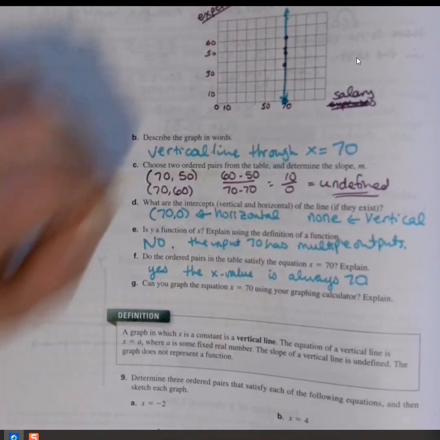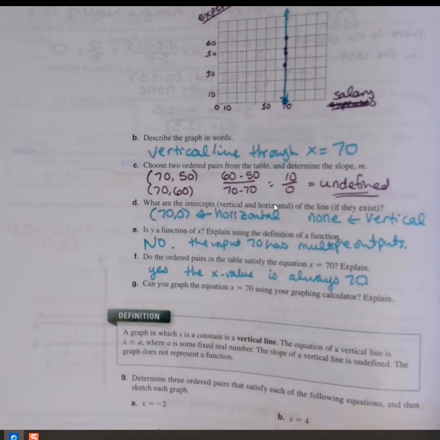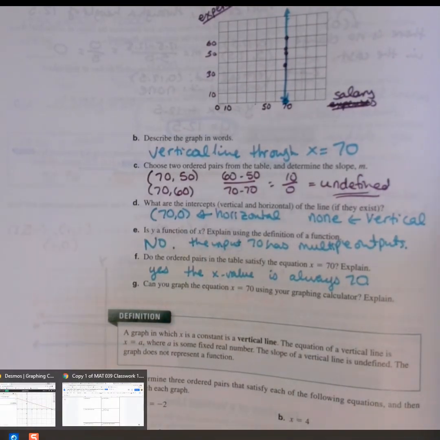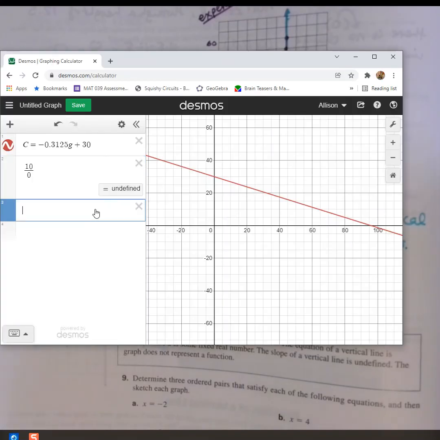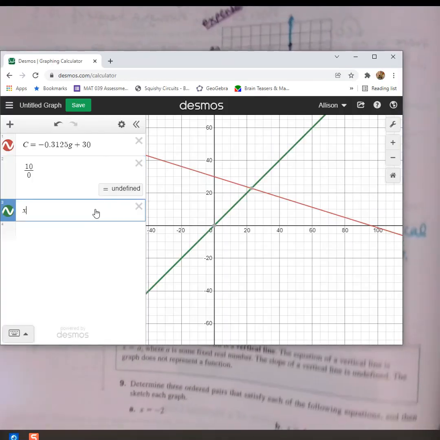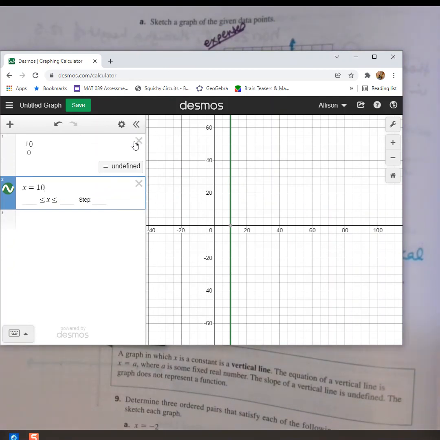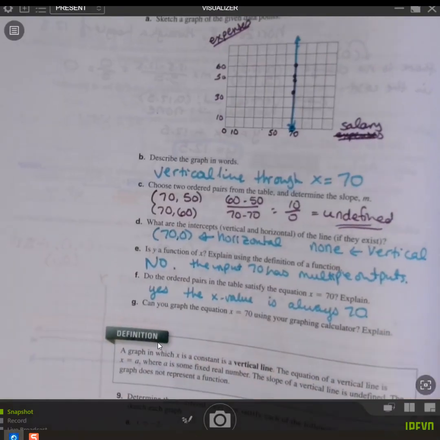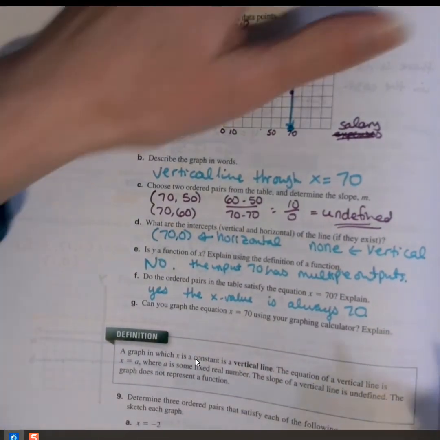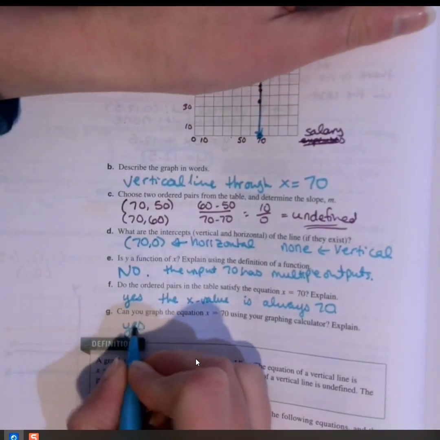If you're using one of those old handheld TIs, the answer is actually no. But if you're using Desmos, the answer is yes, because Desmos is awesome. You can graph even vertical lines in Desmos, because it allows us to graph things that are not functions. That was not possible on the old TI calculators. So I'm going to write: yes, on Desmos.